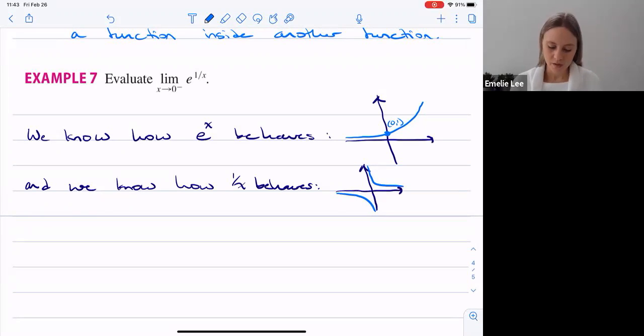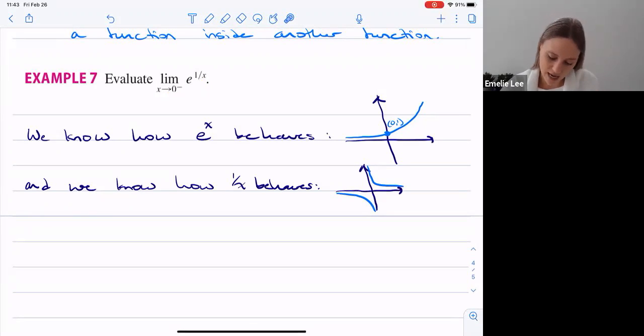Ish. So, okay, we've got 1 over x inside e to the x. And so the x that's activated, let's think, is the 1 over x as x is going to 0 from the left, right?